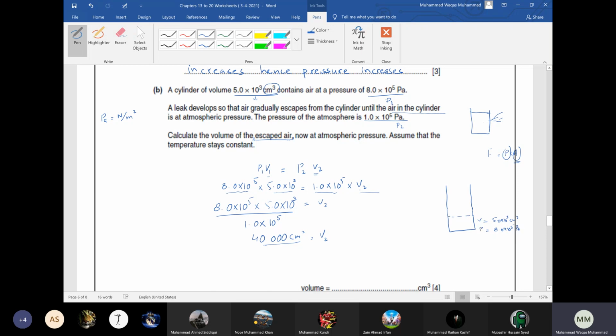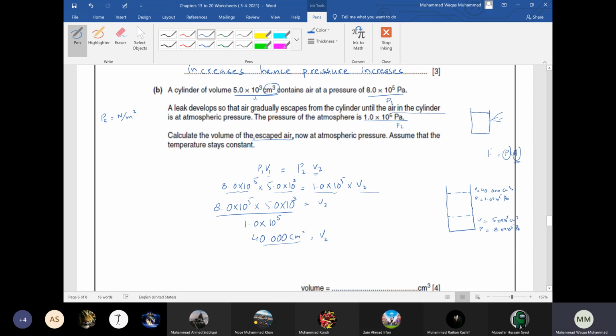Now beta, this 40,000 means that if we increase the volume of the gas so its volume now becomes 40,000 cubic centimeter, its pressure would be 1.0 times 10 to the power 5 Pascal, right? This is what the 40,000 means, without any change of mass. Getting my point or not?